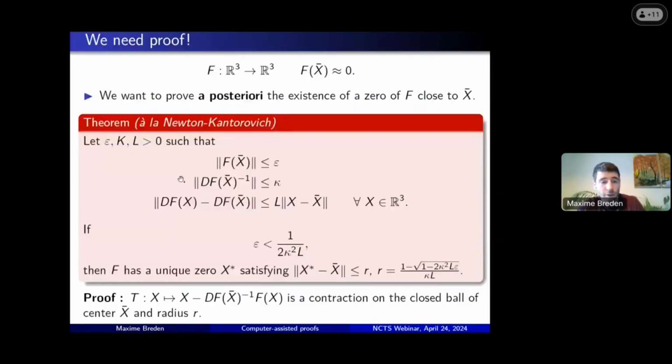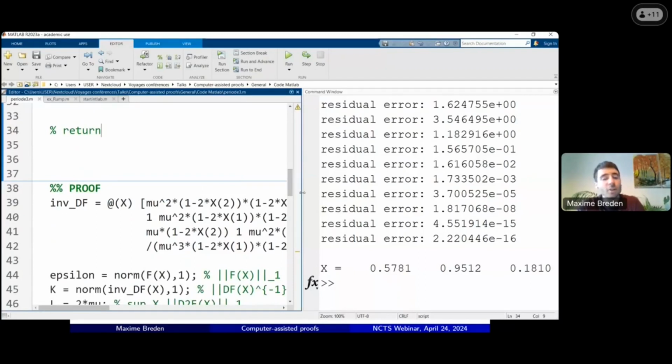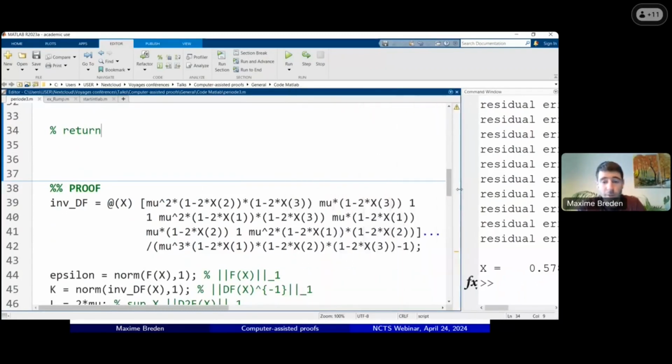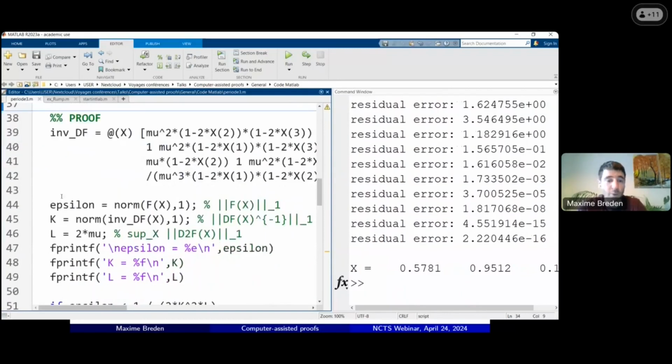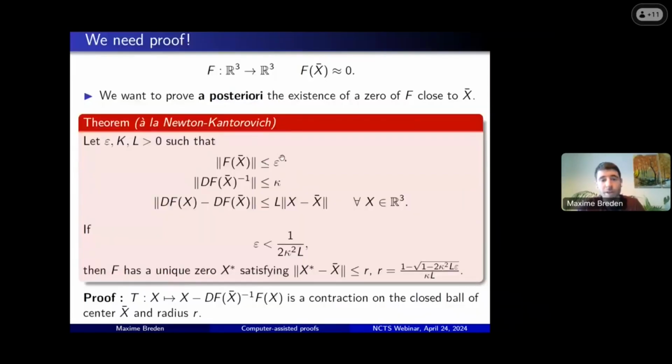So one ingredient that I needed was the inverse of the derivative at the solution. Here again, it's still easy enough that I can compute the inverse by hand. So I just implemented it here. And then we compute. Epsilon, let me remind you, should be an upper bound of the residual error. Then kappa, an upper bound of the norm of the inverse of the Jacobian, and then there is a Lipschitz constant.